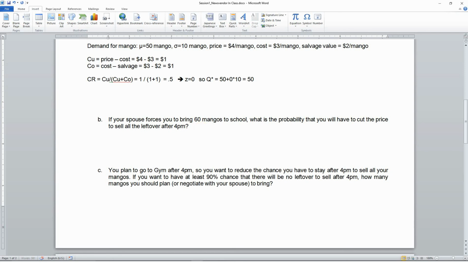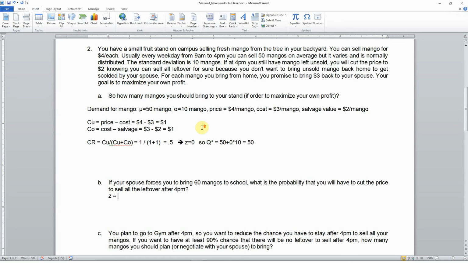The first thing we do is know that the value z, our safety factor, is going to be equal to 60, which is how much our spouse forced us to bring, minus the average demand, which is 50, divided by the standard deviation, which was 10.